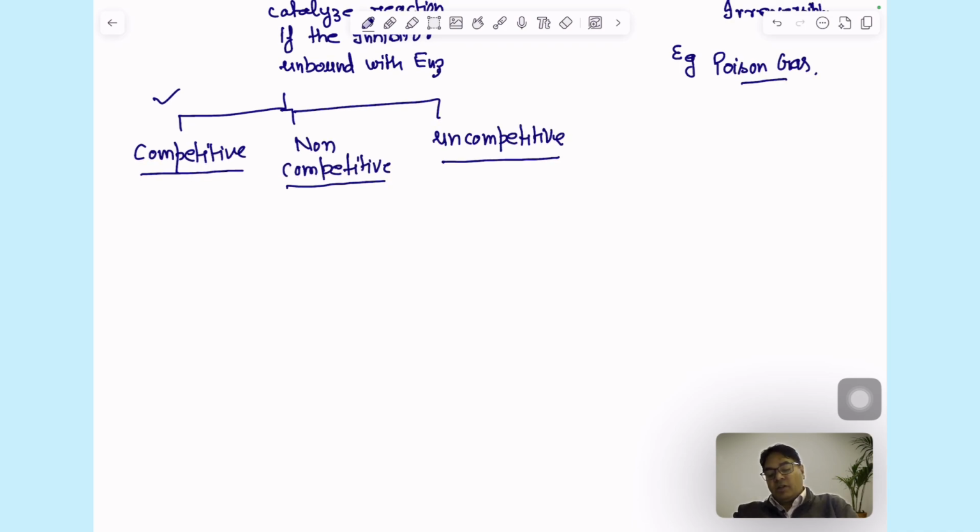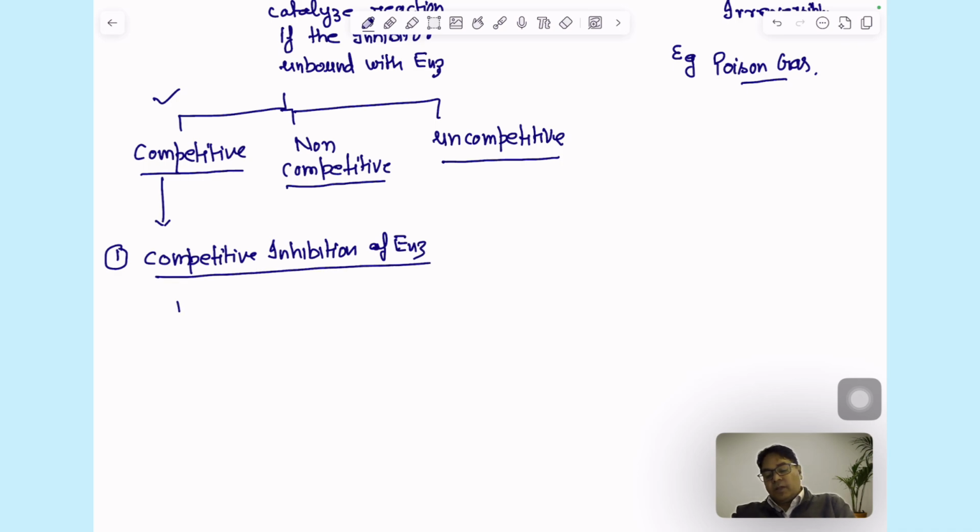So in competitive inhibition, that is the first type, what happens?